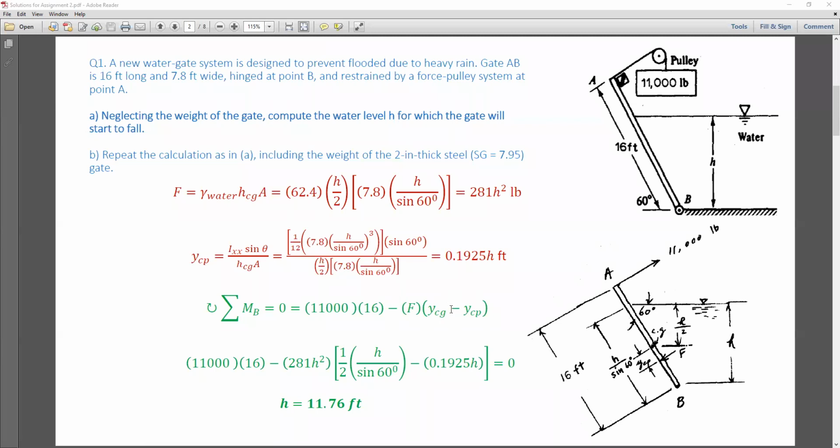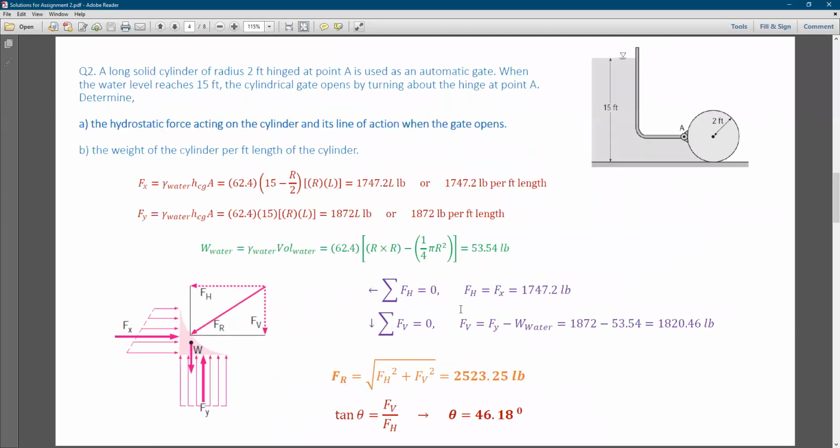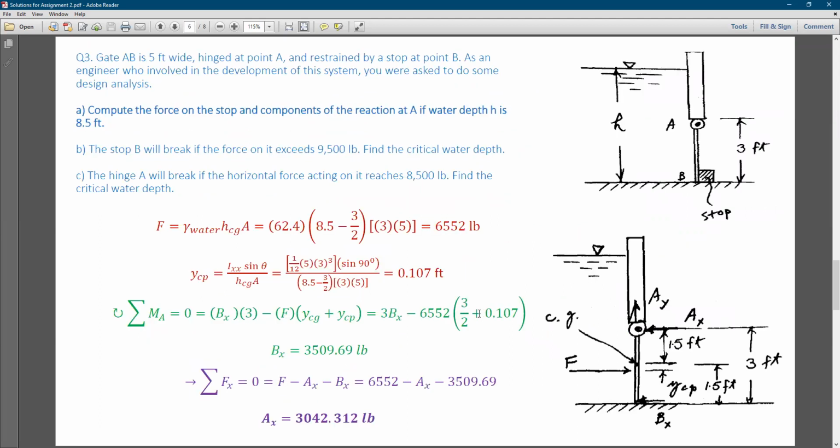Actually, this uses minus. And the other example is that you use plus. In this particular example, you use a plus sign. Why is that? The other one is minus, this one is plus. That is due to the distance, the moment arm.